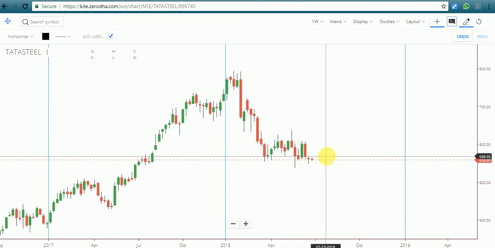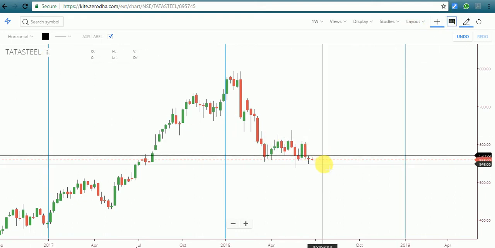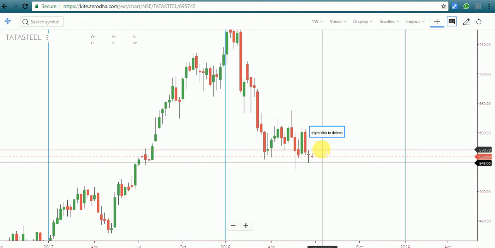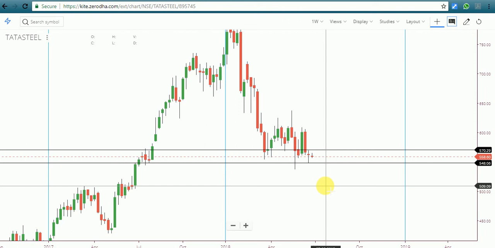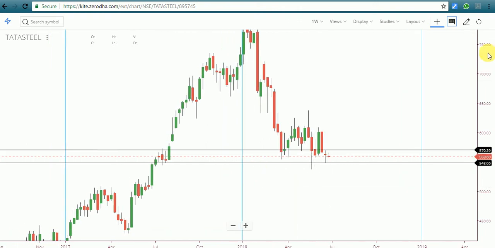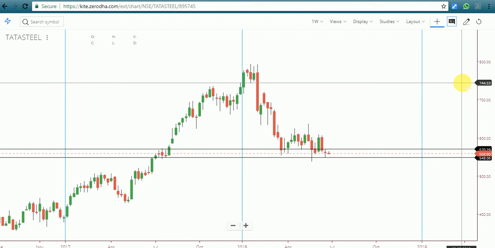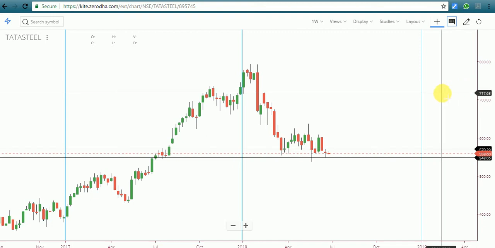Simple: I'll draw this line, and if tomorrow it breaks this level, then I'm going to enter with the buy. If it breaks this level, I'm going to short. Simple. But overall it is a downtrend. I'm expecting it may fall some more.